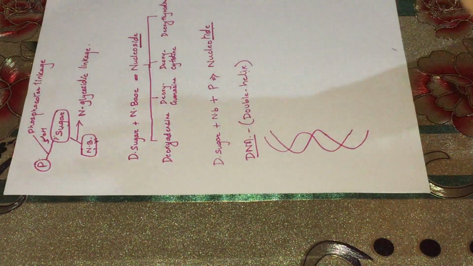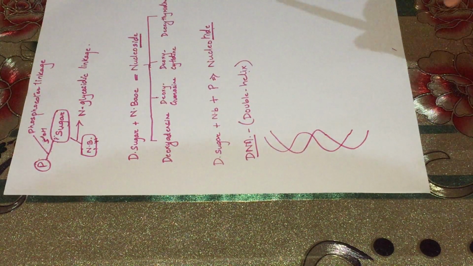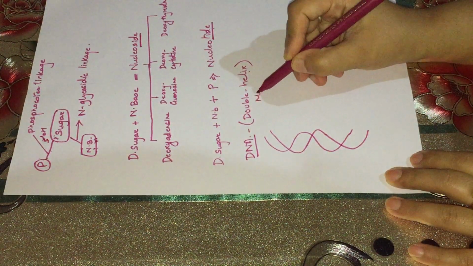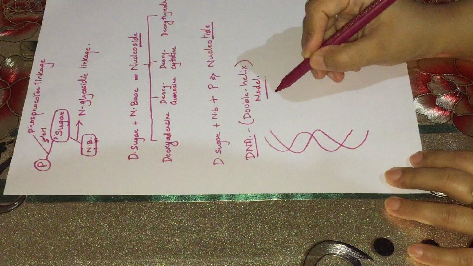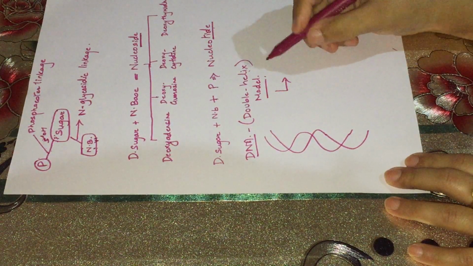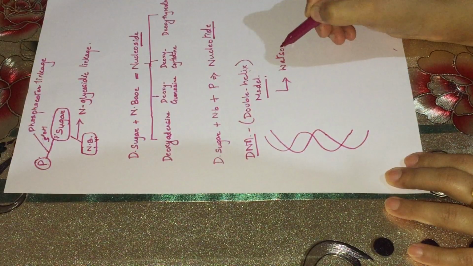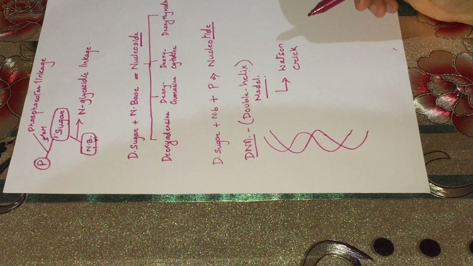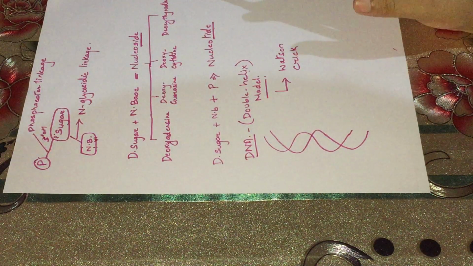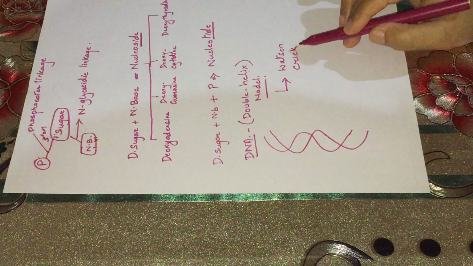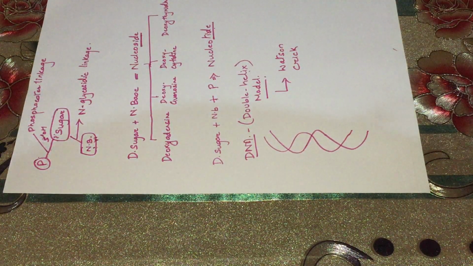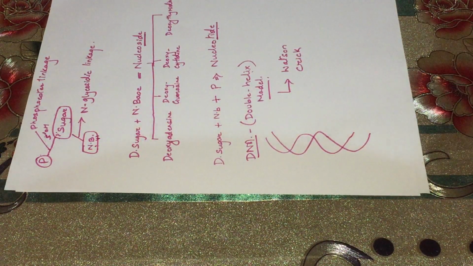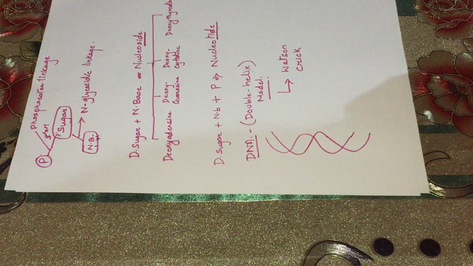That's why helix, helically coiled. The double helix model of DNA was proposed by the scientists Watson and Crick, James Watson and Francis Crick. You can get the full names of these two scientists in the book. What they have told is the double helix model.